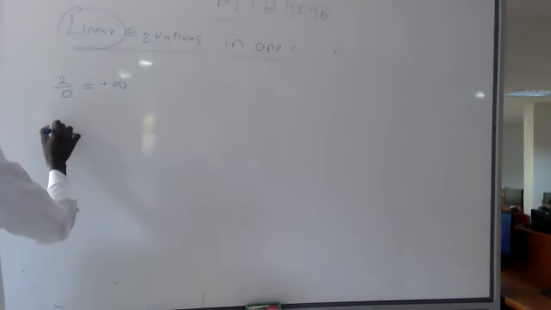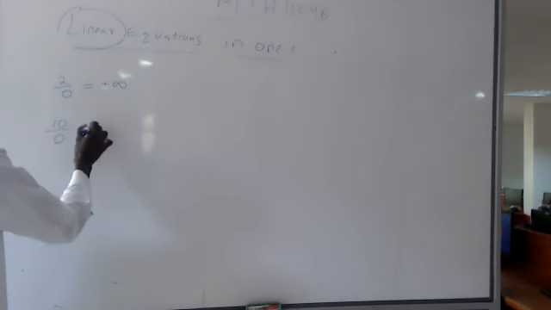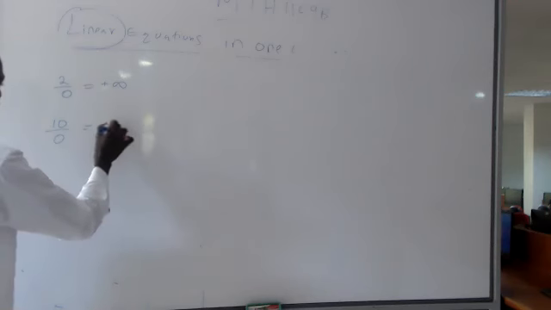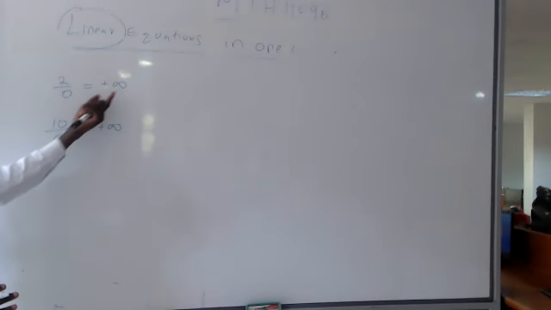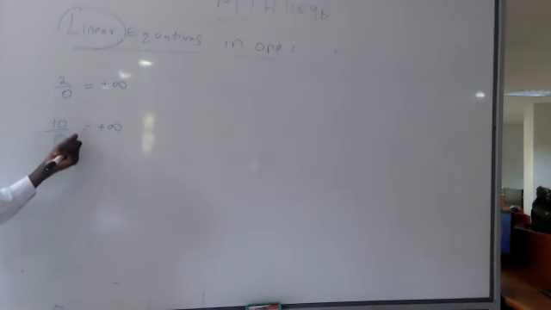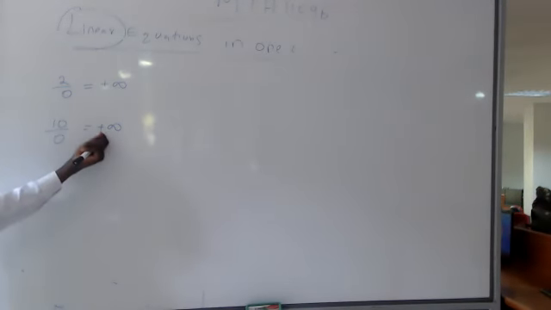And if I have 10 divided by 0, that will also be plus infinity, if division by 0 was defined. Then anything divided by 0 is infinity.